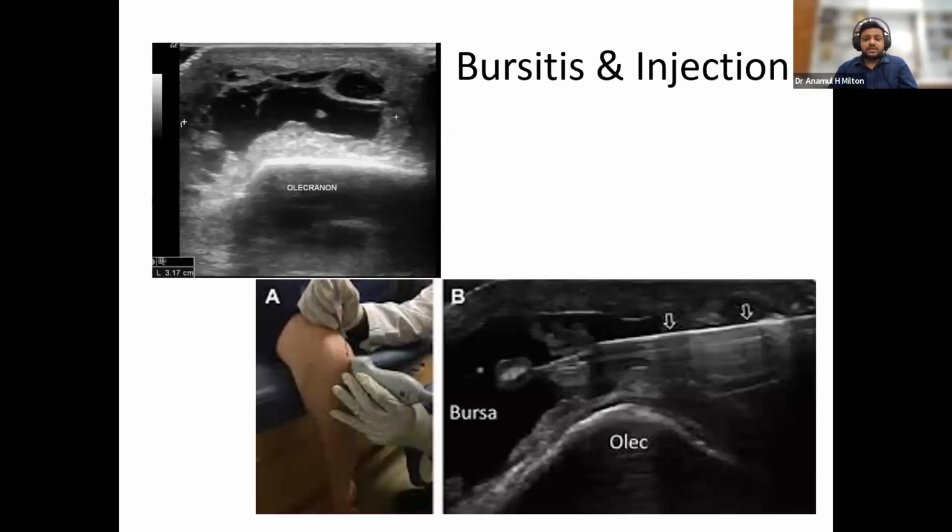For treatment, you can aspirate the fluid from the bursa, and after that, if there is any inflammation, you can give a small amount of steroid, like 10 or 20 milligrams of methylprednisolone, for this patient.